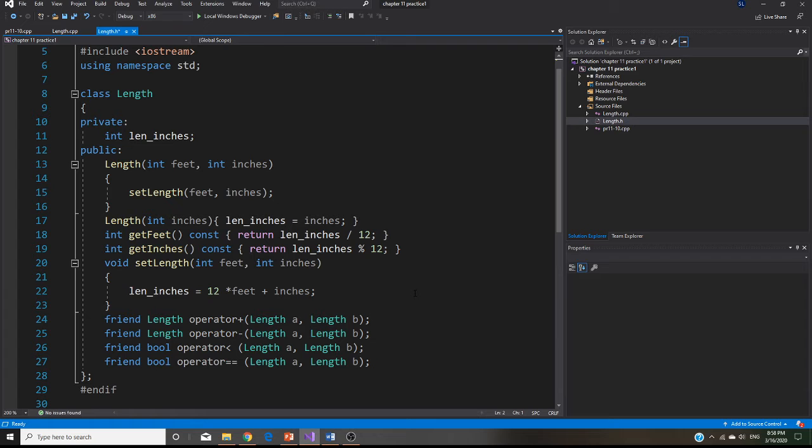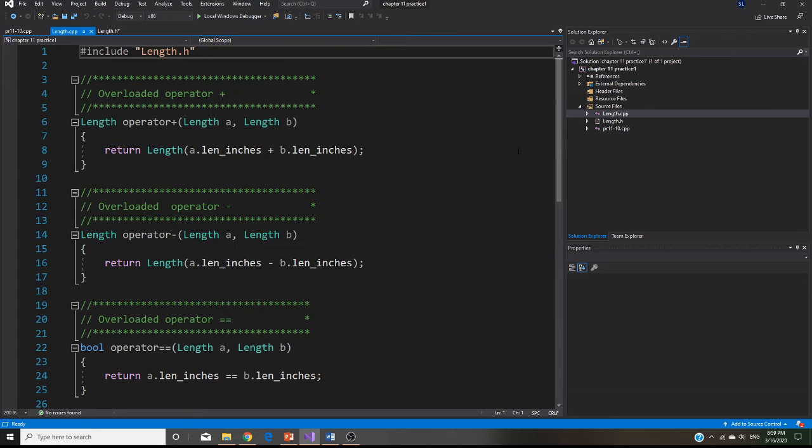Most important is right here. These four friend functions, I am going to set them as friends because I want to allow them to get into any two objects, to add the first length measurement and the second length measurement. That's what I want to do. So I'm coming to my length.cpp right now.